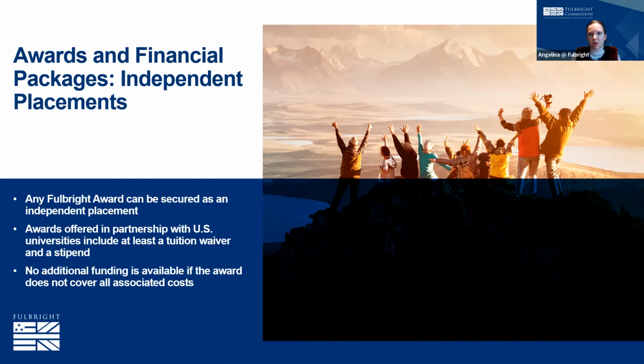Those of you who are considering less generous awards, for instance the All Disciplines Award, I would like to remind you that the funding package you get, which is 45K, is final. There is no additional funding available from the Fulbright Commission. And if you have a shortfall, if that 45K is not enough to cover all your university expenses, which tends to be the case, it will be your responsibility to find the funding you need to secure a visa. So please bear that in mind.